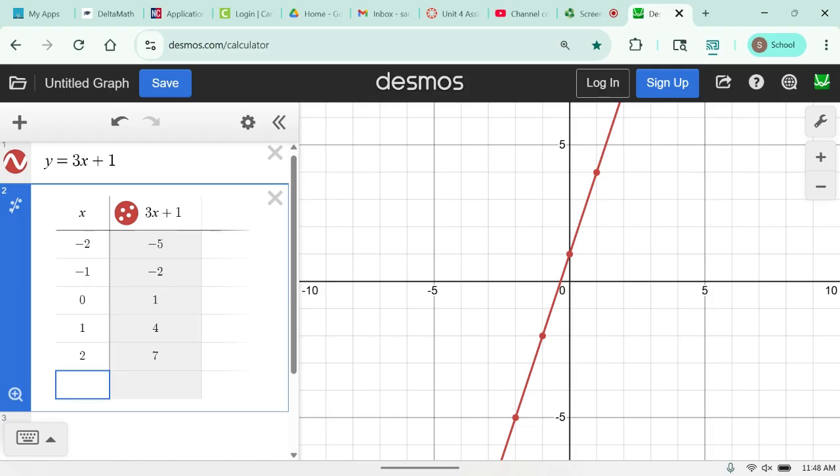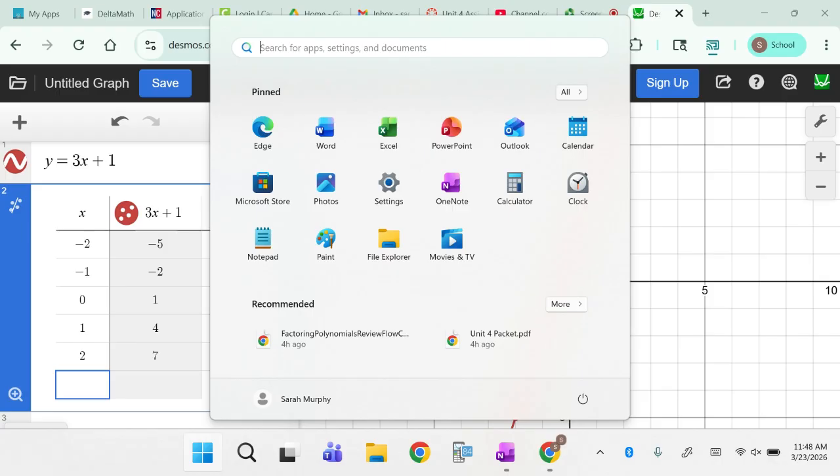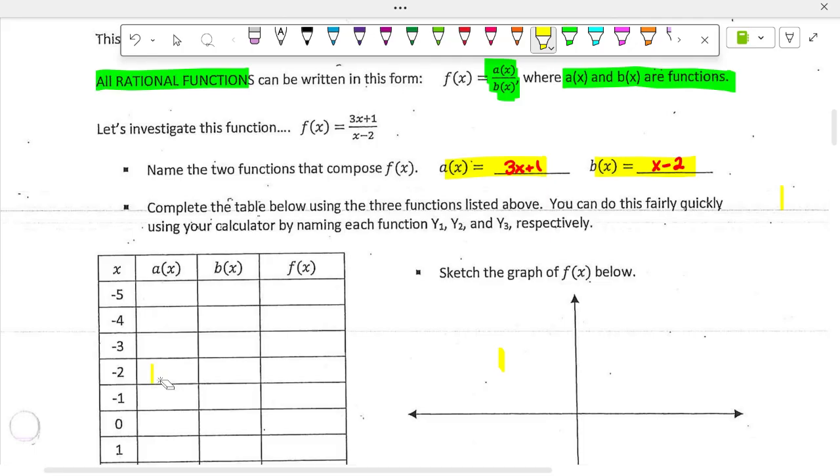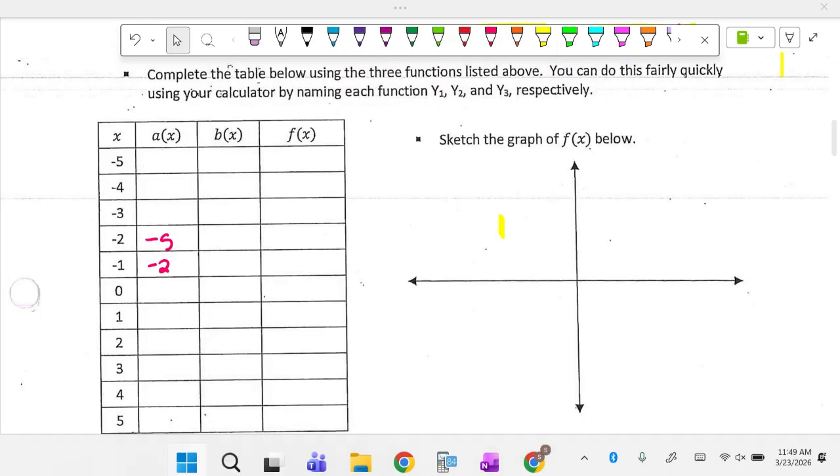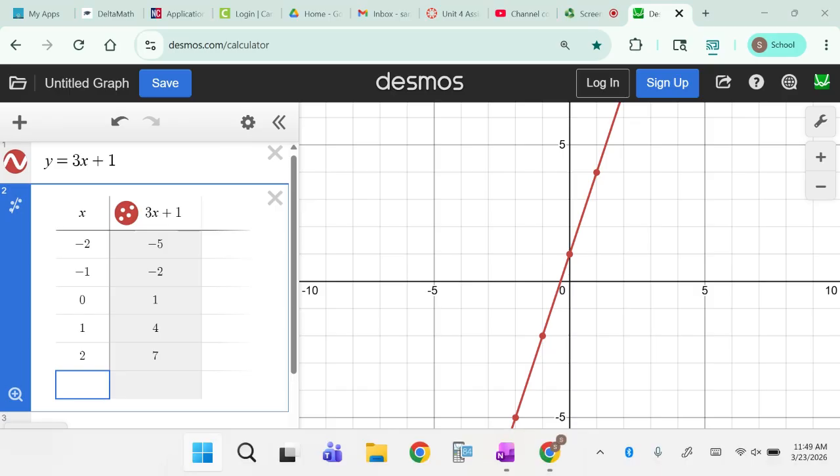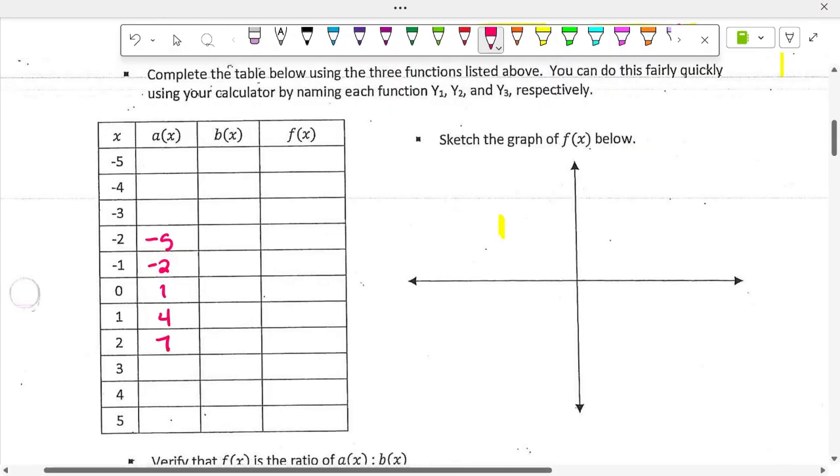Do you not have your Chromebook? I do. So I only want you to do that for a of x and b of x.